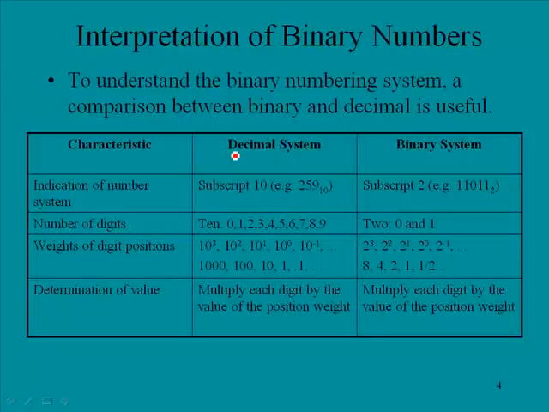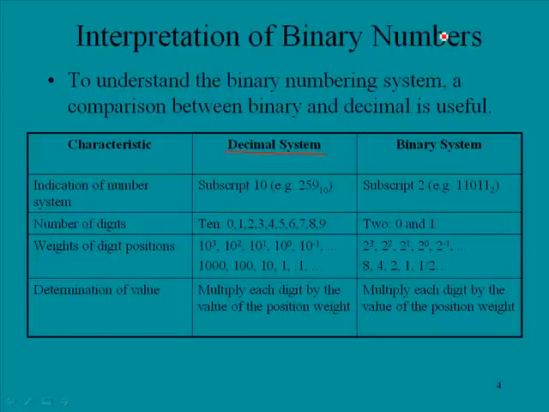And so the system that we're most familiar with is the decimal system, and the reason we call it decimal is because there are 10 digits. Then we have the binary system, and the subscript 2 is used, and so instead of 2, 3, 4, and so on, there are just 2 digits, 0 and 1, and the little 2 here tells me that this is a binary system.